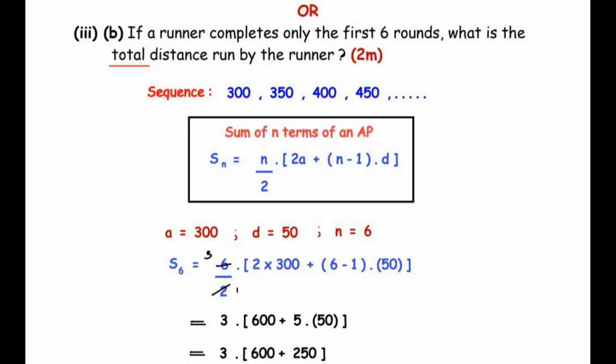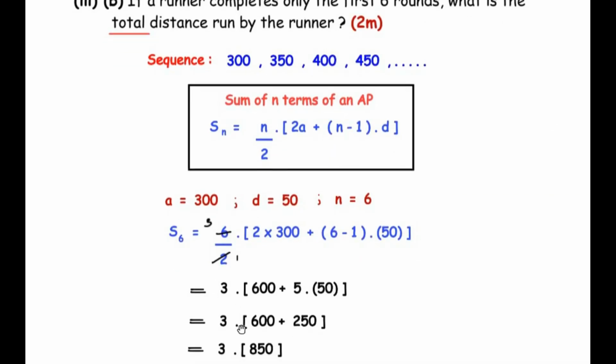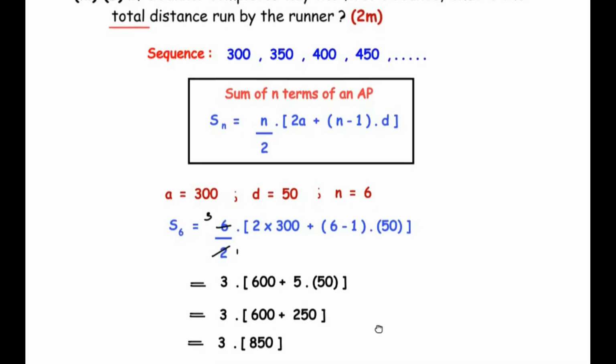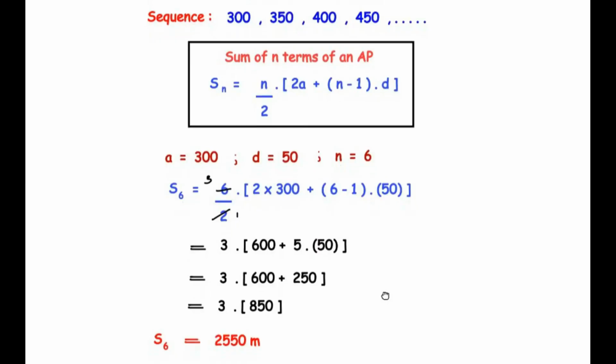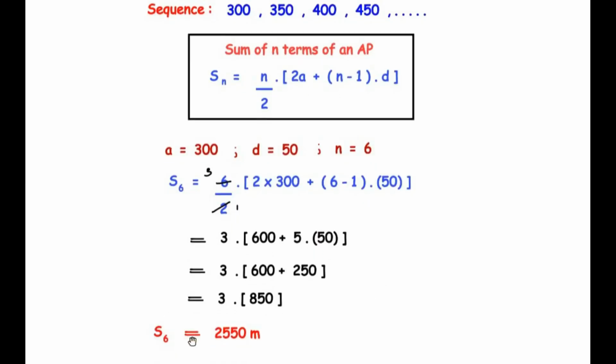In the next step we simplify it a bit further. So 3 times 600 plus 5 times 50 gives us 250. Now 600 plus 250 gives us 850. So 3 times 850 gives us the distance covered for the first 6 rounds as 2550 meters. So this is going to be our answer.